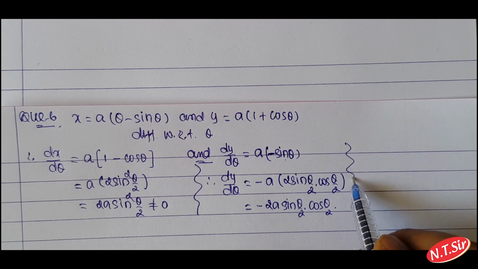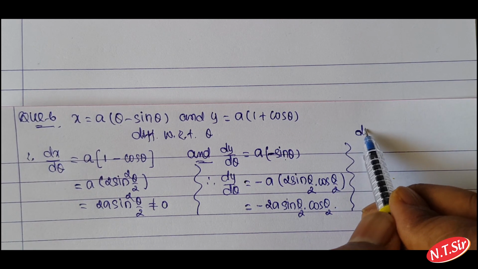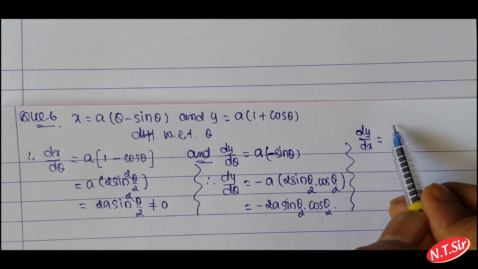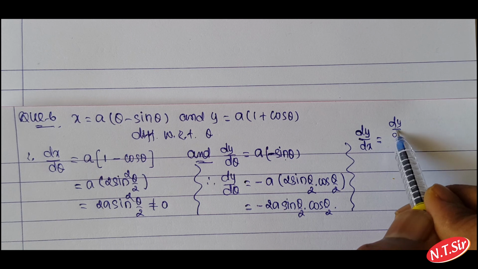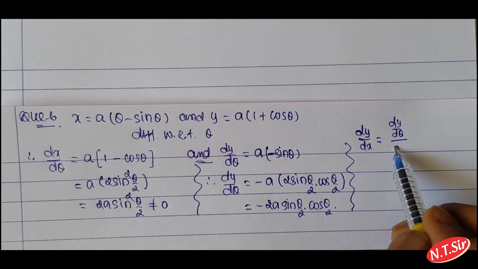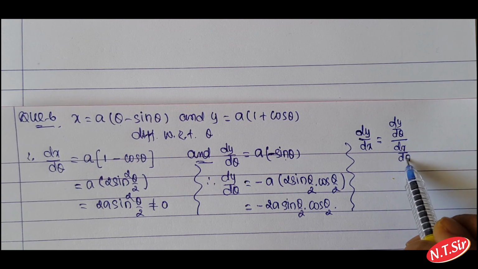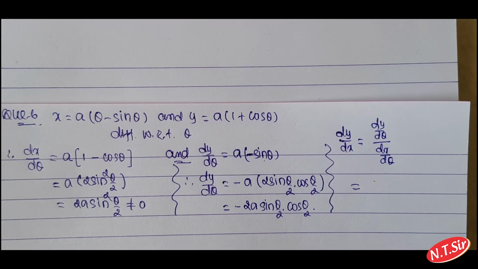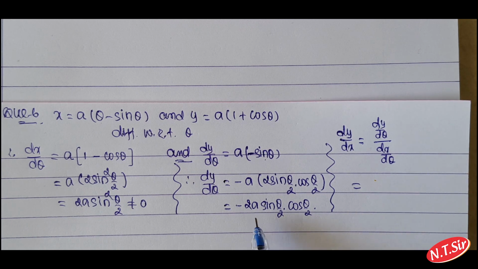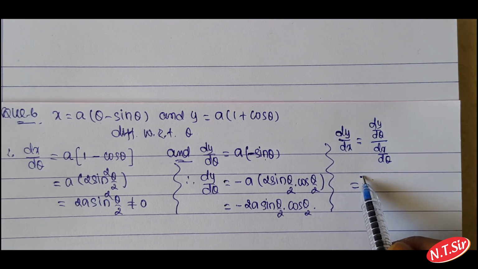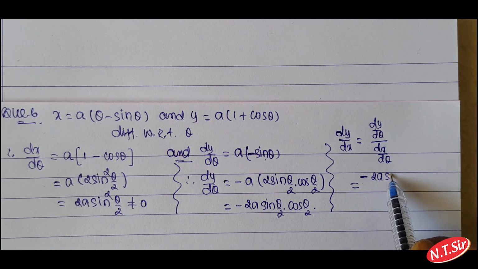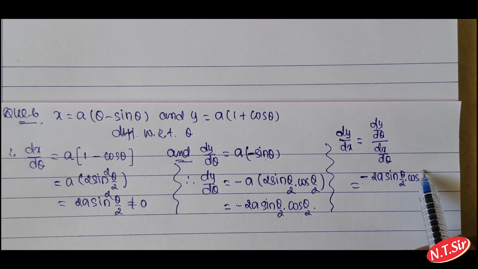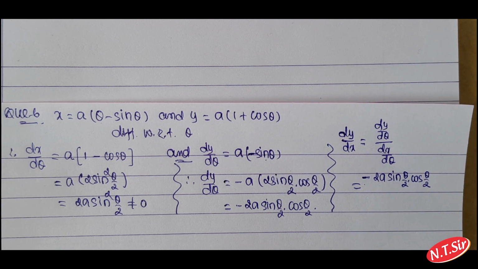So we have to find out dy by dx. Therefore dy by dx is equal to dy by d theta upon dx by d theta. So now what is dy by d theta? dy by d theta is this, that is minus 2a times sin theta by 2 into cos theta by 2, right?